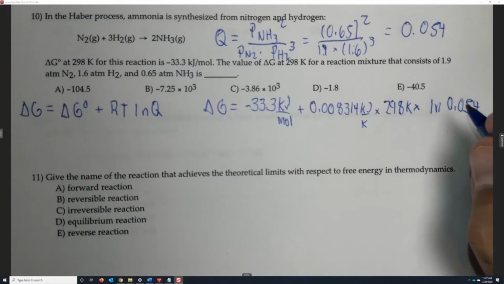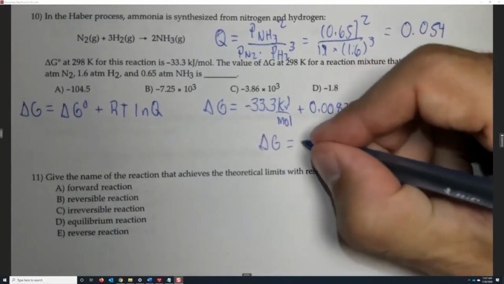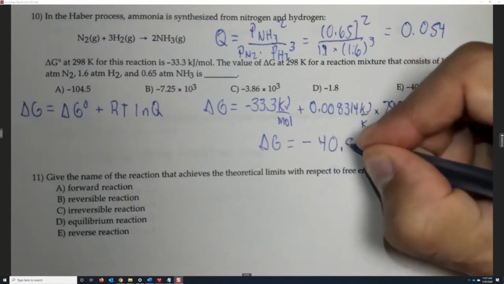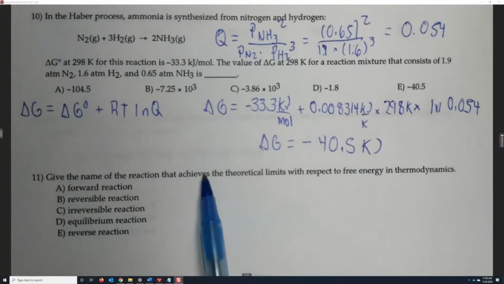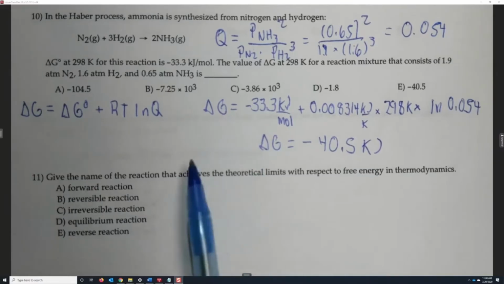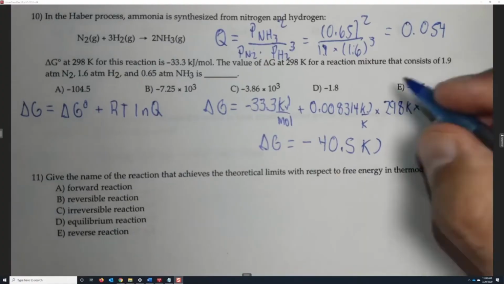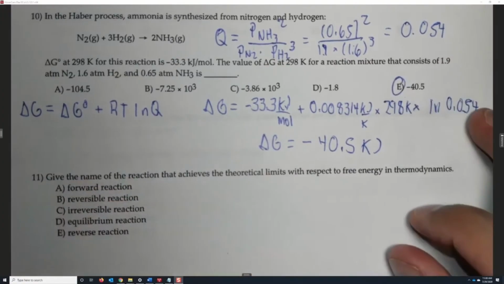When we do all that math, we find that delta G is equal to negative 40.5 kilojoules. All right. And when we look through here, we see that the answer is choice letter E. I'm not sure why there's not units.